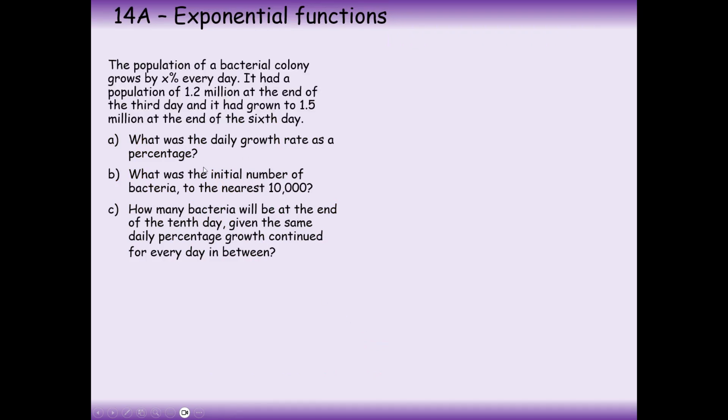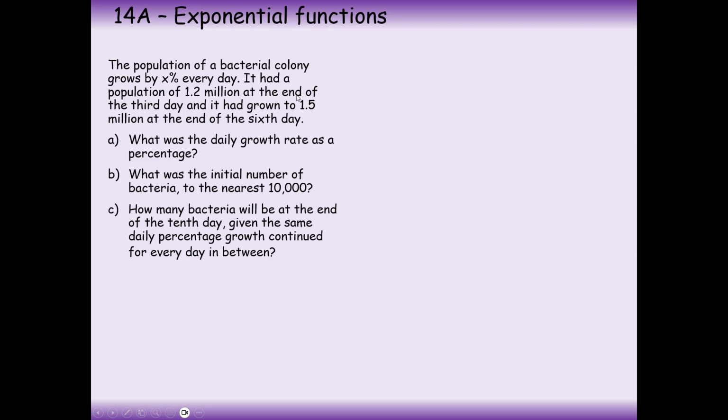Now, this is not from your book, you don't have this example in your book, but it's very good to understand what's happening and what it's asking us about. A bacterial colony grows by x% per day. We don't know the percentage growth per day.